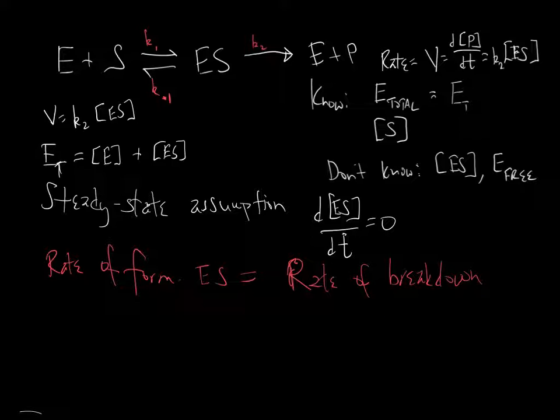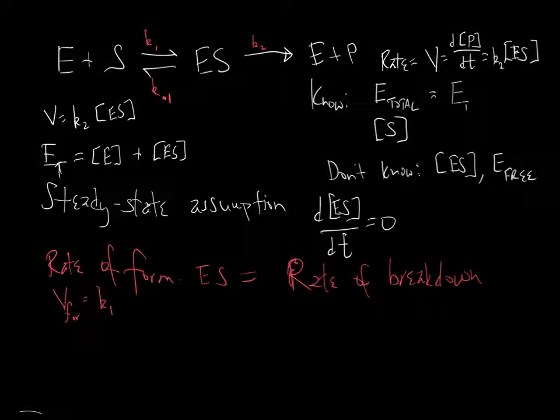Okay. So what is the rate of formation? Which I'm just going to call V forward. So this is the ES. Which little k's point toward the ES? K1. Okay.